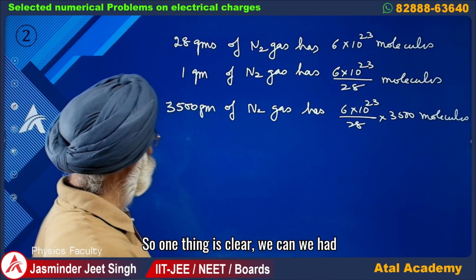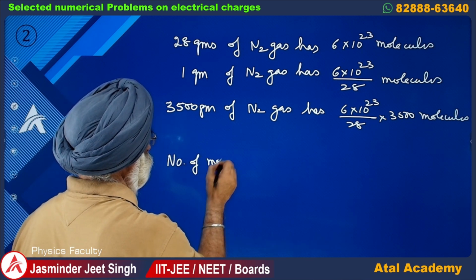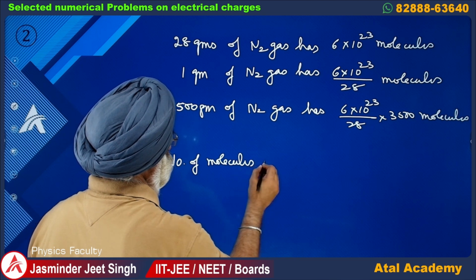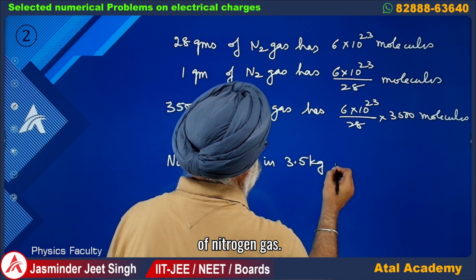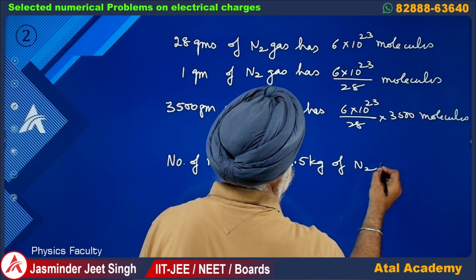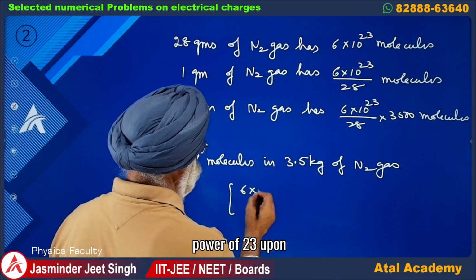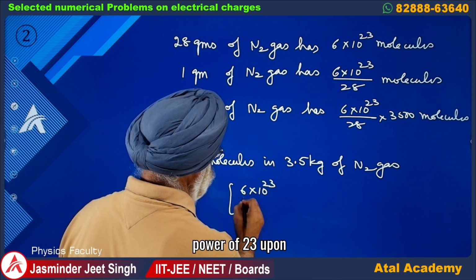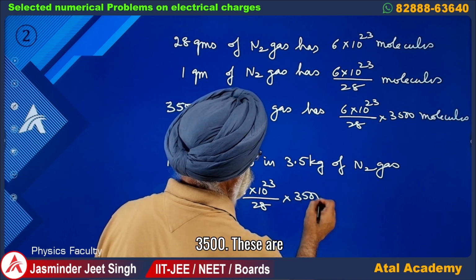So one thing is clear, we have calculated the number of molecules in 3.5 kg of nitrogen gas. The number of molecules is 6 into 10 to the power of 23 upon 28 into 3500.